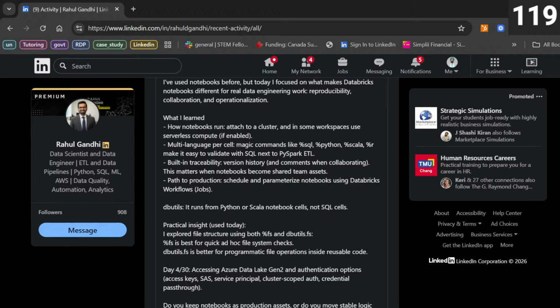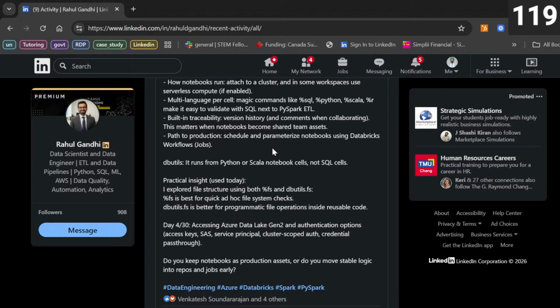There's built-in traceability. There's also version history and comments when collaborating, and there's a path to production. You can use Databricks utilities, which run from Python or Scala notebook cells, not SQL cells. There's a practical insight.